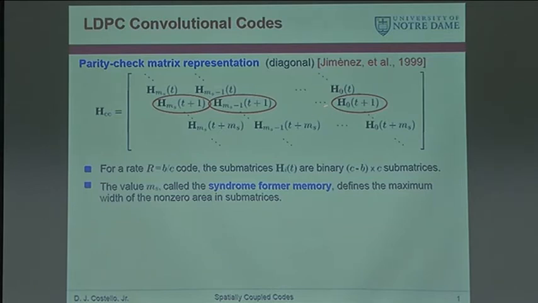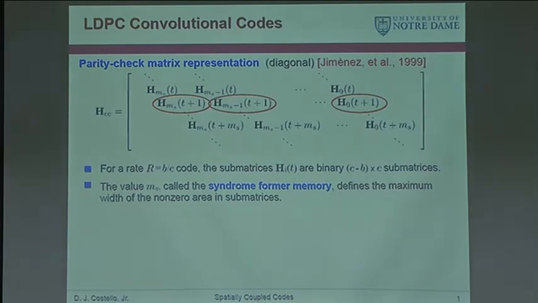The other parts of this matrix are all 0 because it has the diagonal form. Each row has a certain width, and the number of submatrices in a row is M_s plus 1. M_s is called the syndrome former memory. It's the maximum width of the non-zero area of this matrix counted in submatrices.